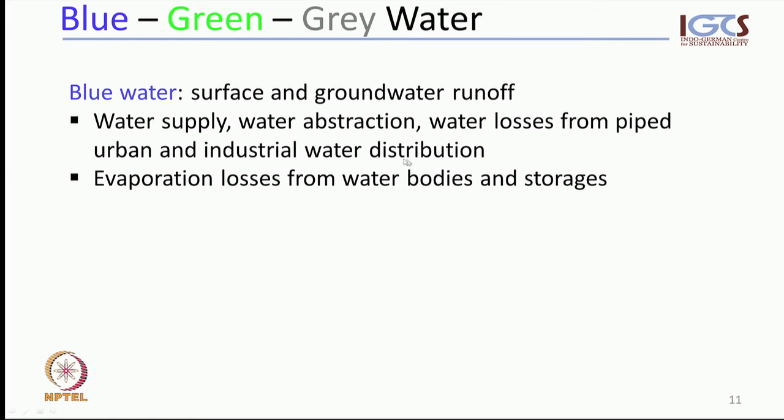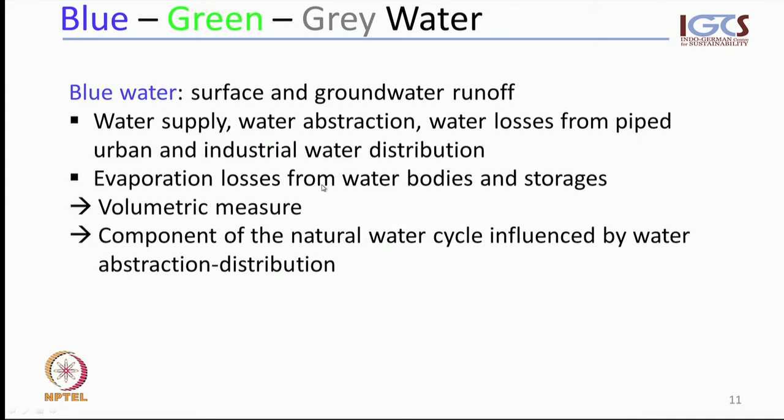And we may manage our evaporation losses from water bodies and storages. This is how we can measure and also influence our blue water. So this is a real field where we can do something. We can measure it volumetrically, and it is part of the water cycle and influenced simply by water abstraction and distribution.